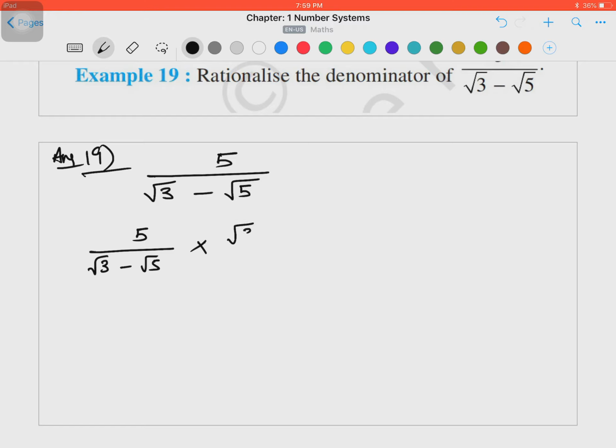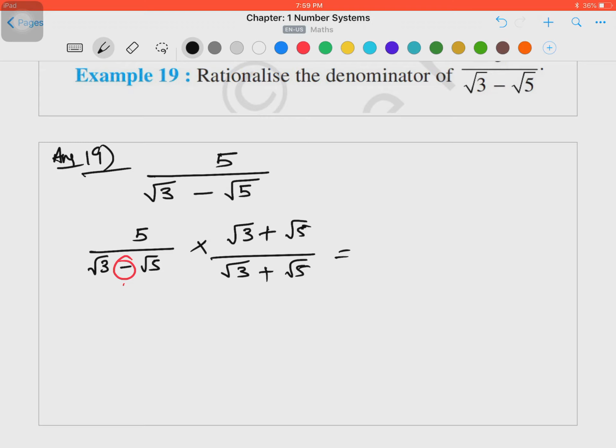So it will be root 3, root 5, root 3, root 5. But as the sign here is minus, we'll reverse the sign and change it to plus here and here.